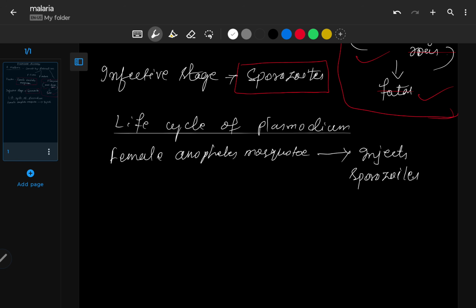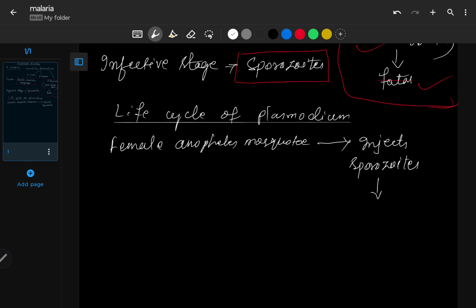As I said, this is the infective stage. The sporozoite enters into the liver cell, and in the liver cell it multiplies.